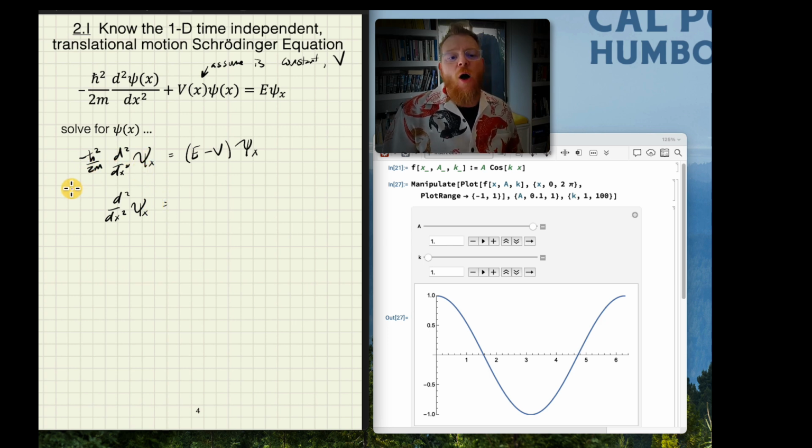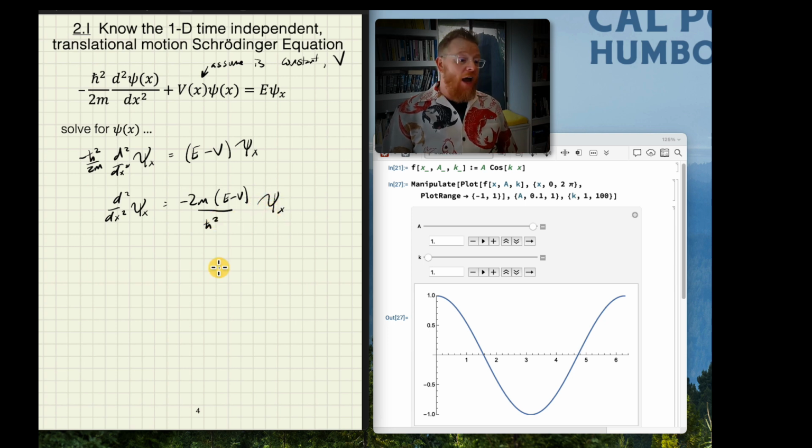And so now I'm going to push all those constants through to the other side, and I get negative 2m times the quantity E minus V, all divided by h bar squared, times psi of x. And now at this point, I'm just going to leave this be.